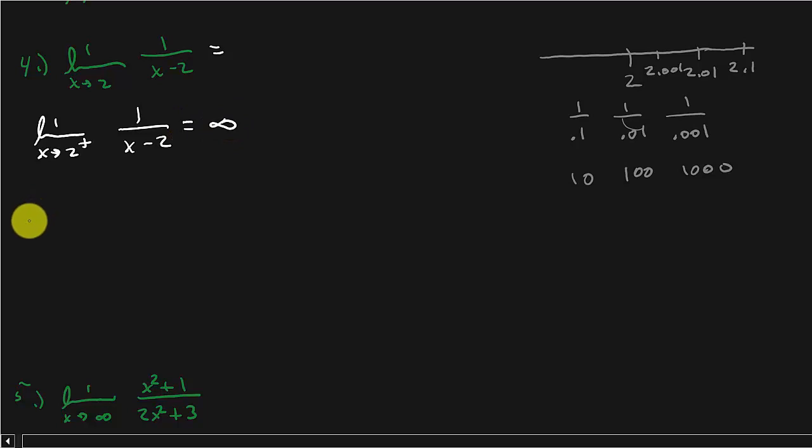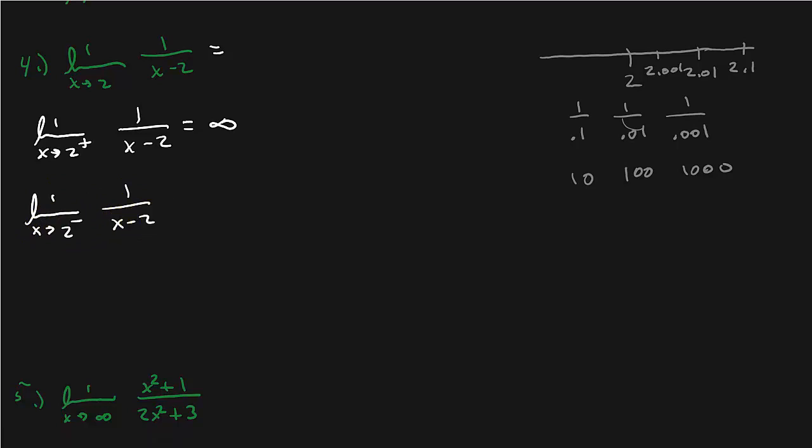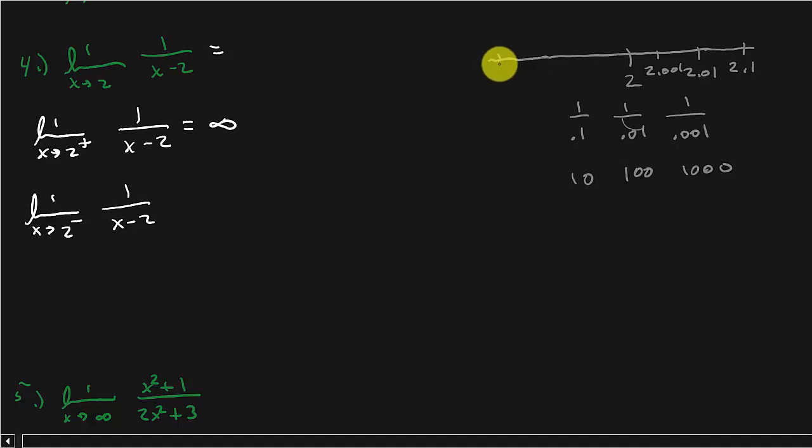And then as I take the limit as x approaches 2 from the left of 1 over x minus 2, let's think about this. I'm doing numbers like 1.9, 1.99, 1.999, and so on. If I plug 1.9 in here, I get 1 over negative 0.1, 1 over negative 0.01, 1 over negative 0.001, and so on.